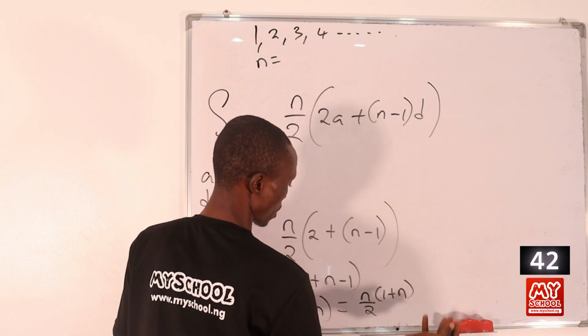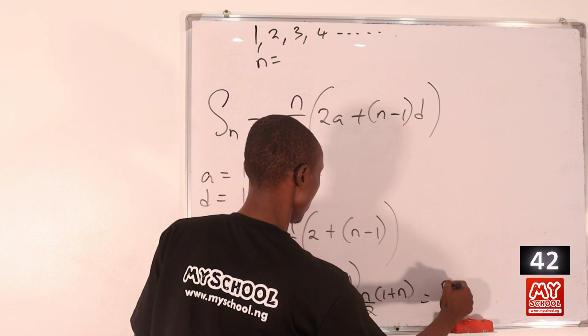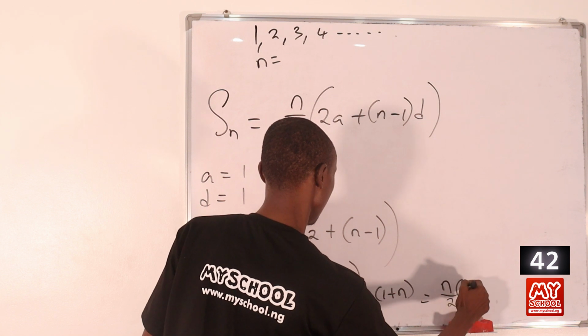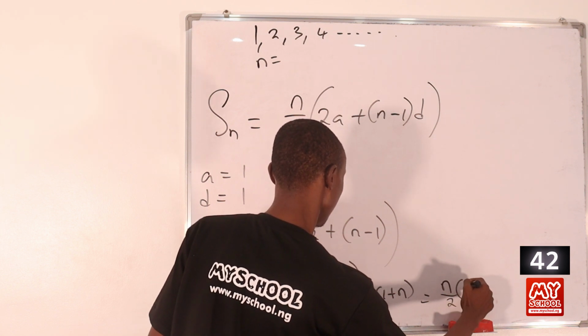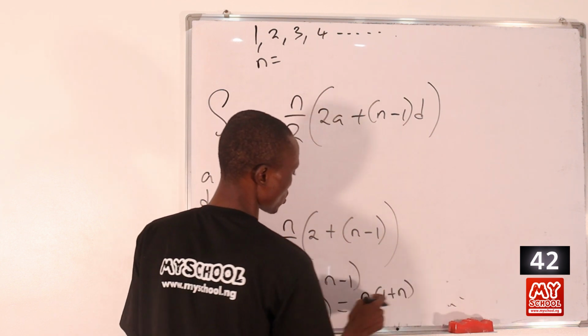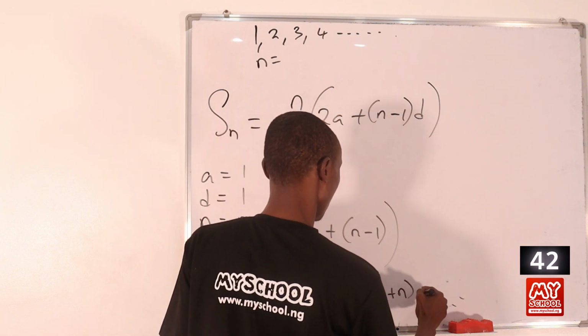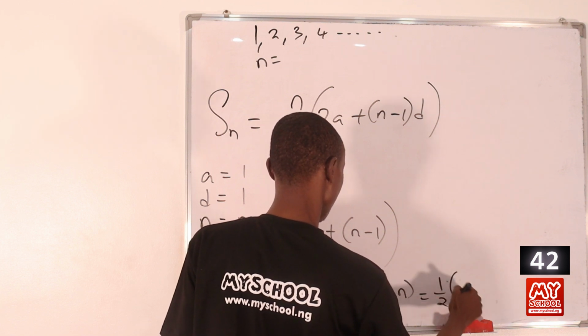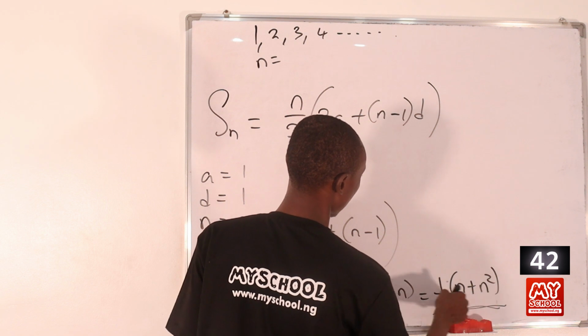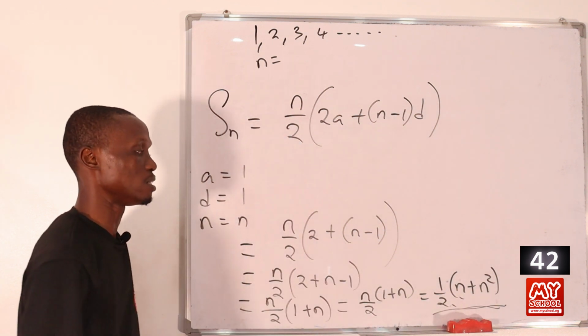Okay, so we can rearrange this so that we have n over 2, then we can open up this bracket. If we open up this bracket at the top, we'll have 1 over 2, then bracket n plus n squared, as the sum of the first n integers.